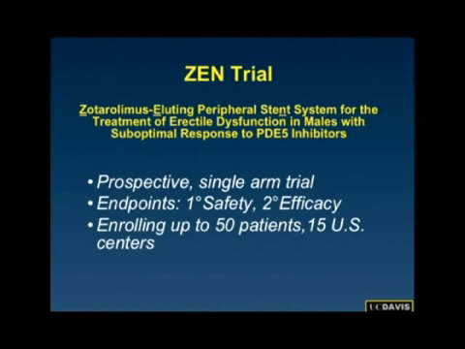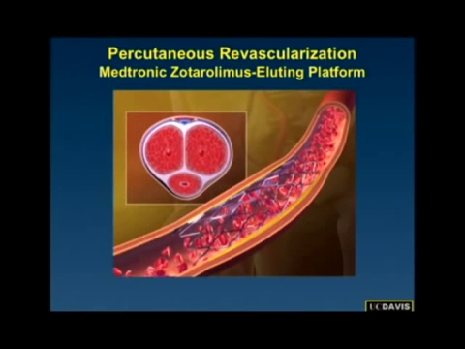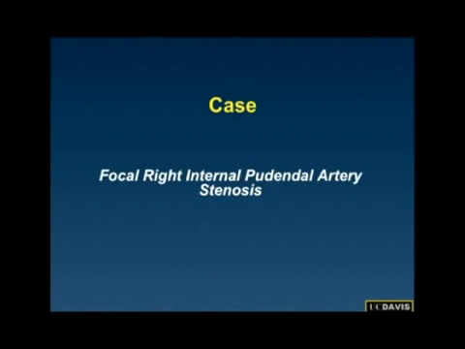This is really mostly a safety and feasibility trial enrolling up to 50 patients. The main hypothesis is that the deployment of a drug-eluting stent in the internal pudendal artery in patients with stenoses amenable to this technique would be safe, feasible, and potentially effective as well.